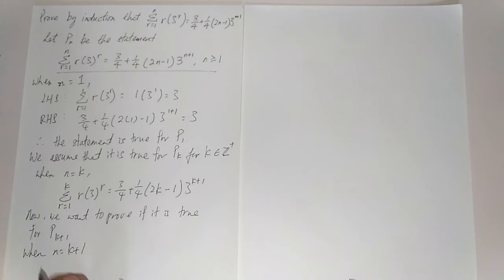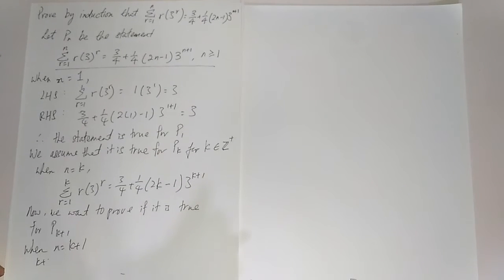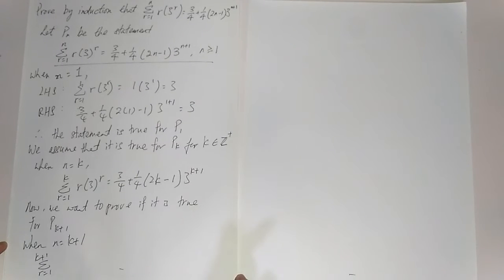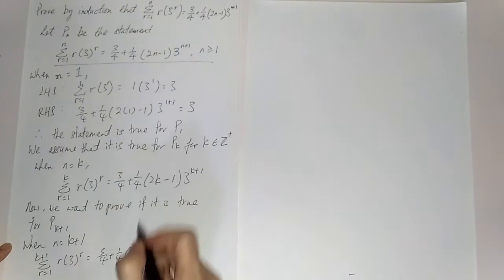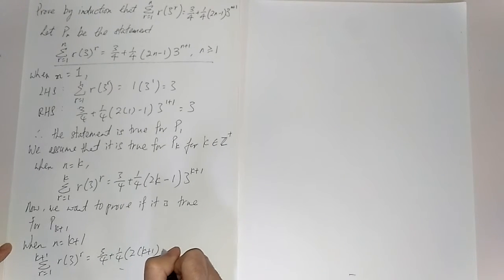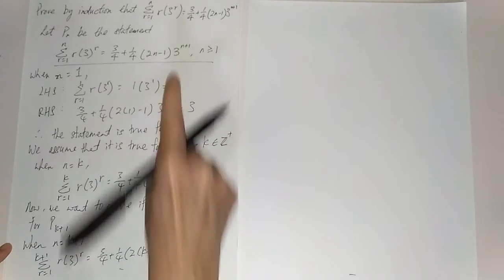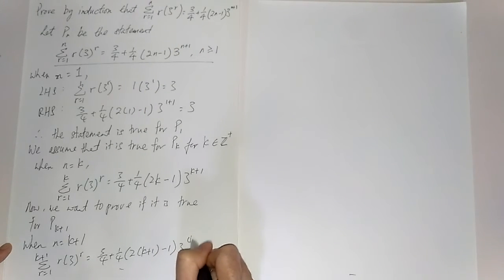the left-hand side will be the sum up to k plus 1, and the right-hand side becomes 3/4 plus 1/4 times (2(k+1) minus 1) times 3 to the power (k+1)+1.